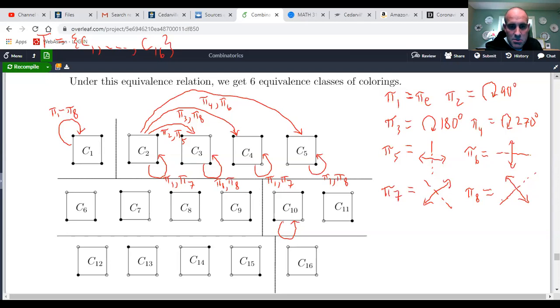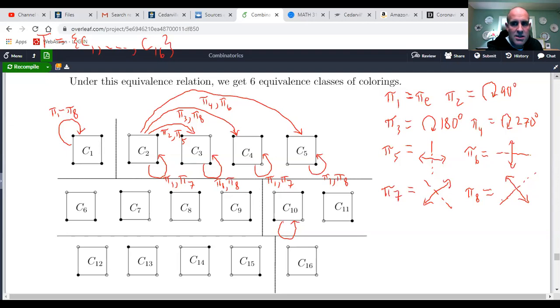It seems like something similar happens with that upper right equivalence class. We just looked at C2 through C5. The number of things that fix C2 times the number of things in there is equal to the size of the group.